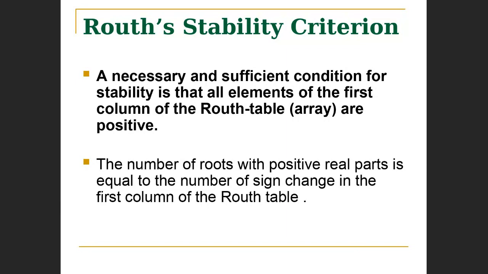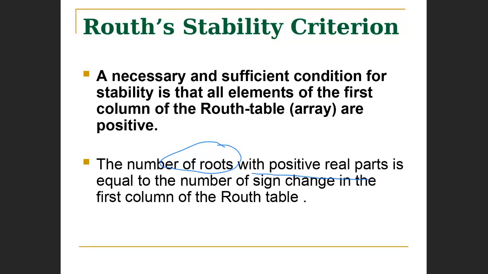Now, the number of roots with positive real parts is equal to the number of sign changes in the first column of the Routh table. Let's go again. The number of roots with positive real parts, the number of roots that are on the right-hand side of the imaginary axis, is equal to the number of sign changes in the first column of the Routh table.